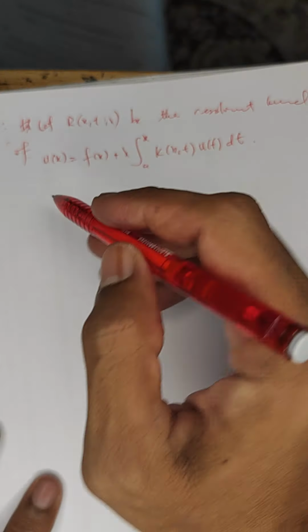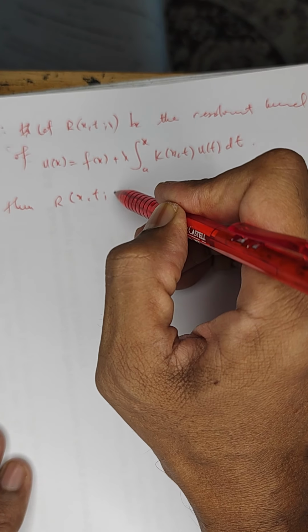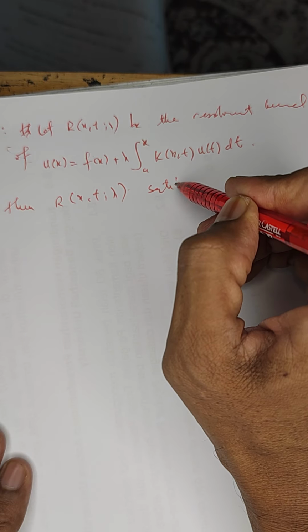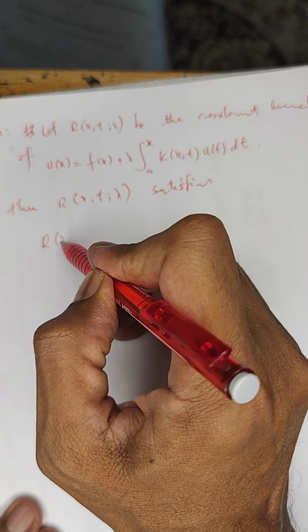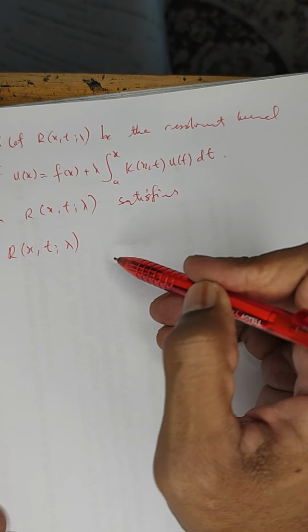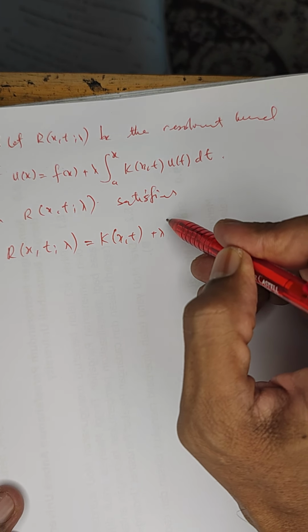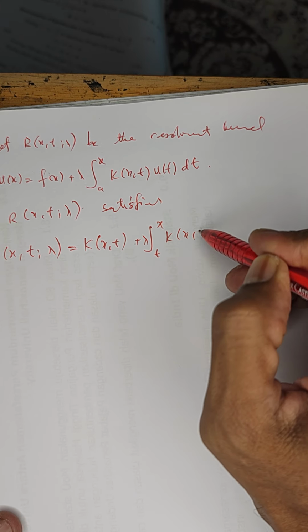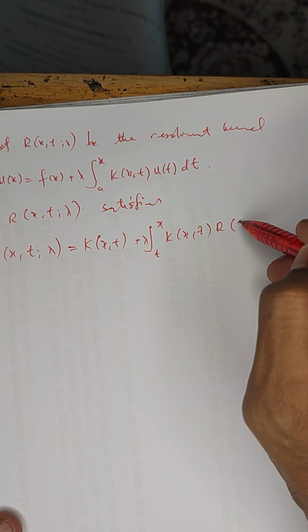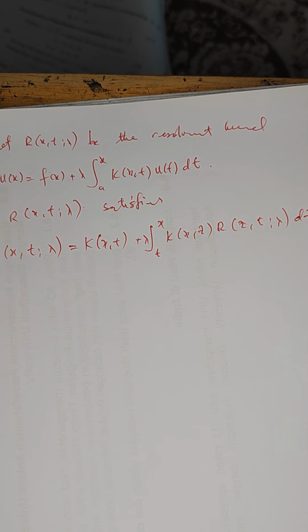Then the resolvent R(x,t;lambda) satisfies this integral equation: R(x,t;lambda) equal to k(x,t) plus lambda integral t to x k(x,z) R(z,t;lambda) dz. So we're going to prove this.